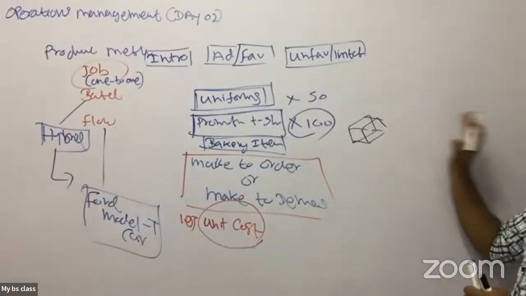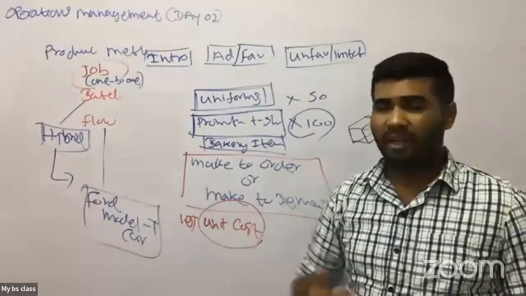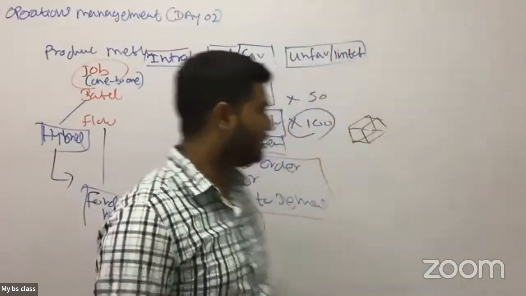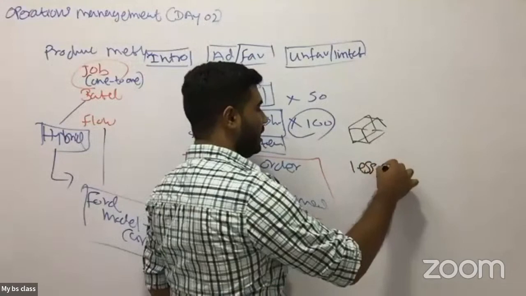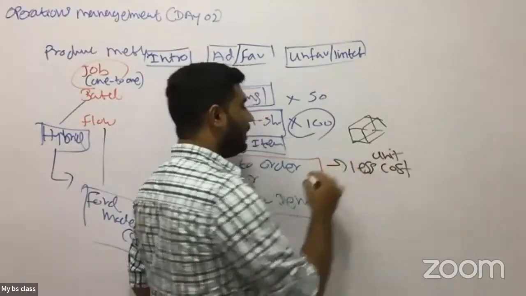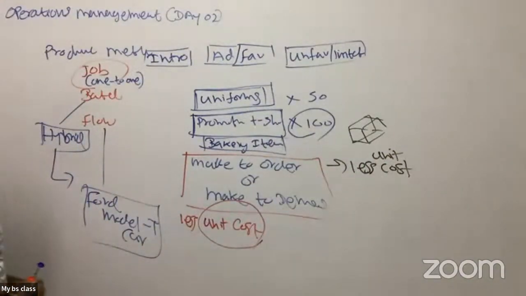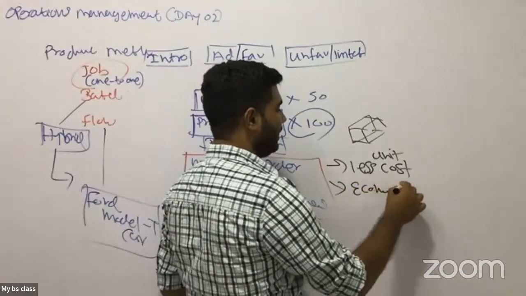From this one you'll be producing a large quantity, with continuous production. So in terms of cost, yes, less unit cost compared to job and batch production, and you will be enjoying the economies of scale.